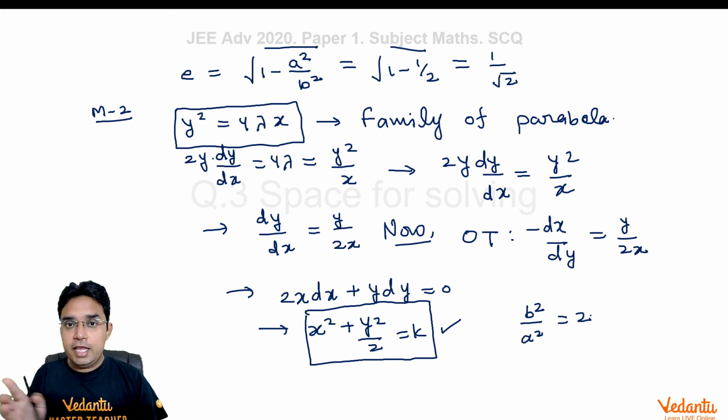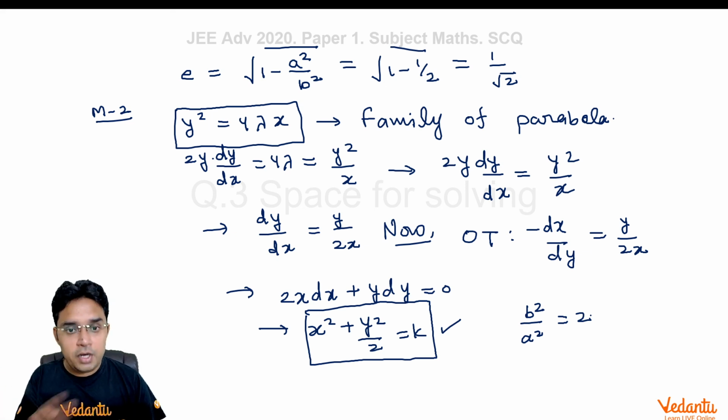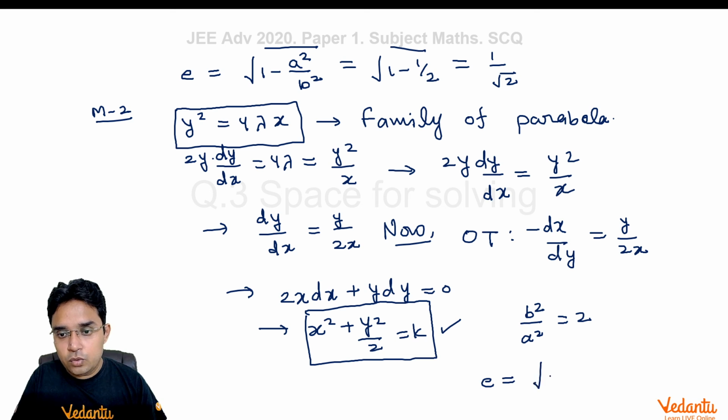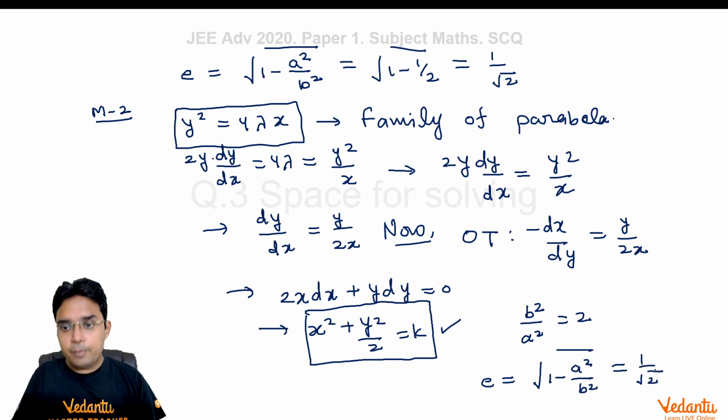So here they have given you extra information that is not needed, but I am sure this would have been the motivation to make this question. So b square upon a square is equal to 2, and hence eccentricity is root over 1 minus a square upon b square, that is 1 upon root 2. So this completes the solution.